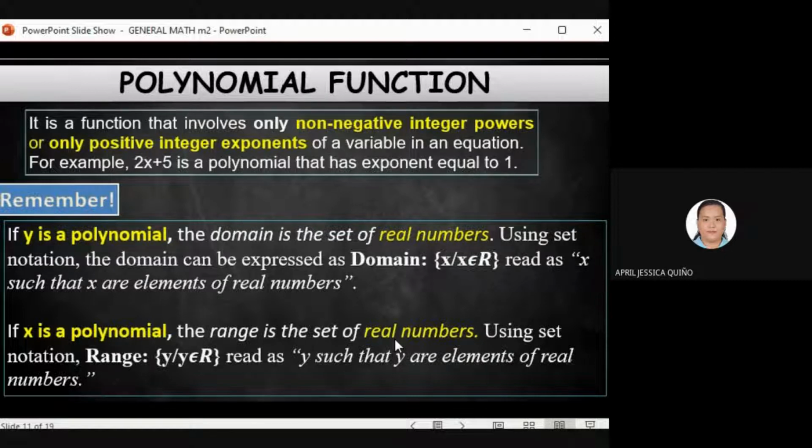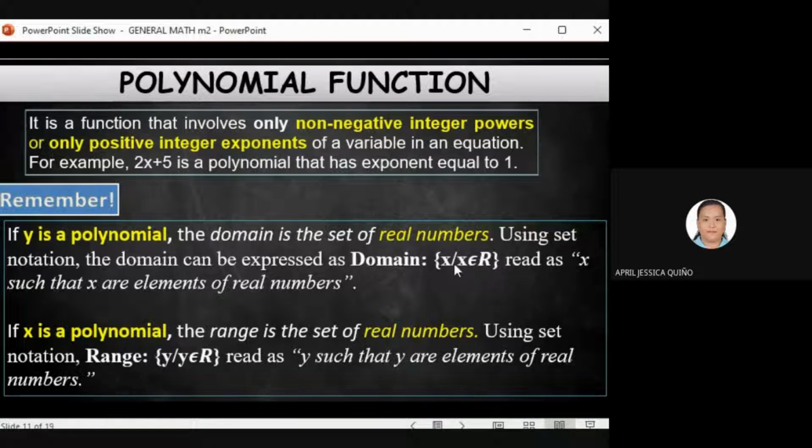Remember, if y is a polynomial, the domain is the set of real numbers. Using set notation, the domain can be expressed as domain: x such that x are elements of real numbers. This is how you're going to write it.